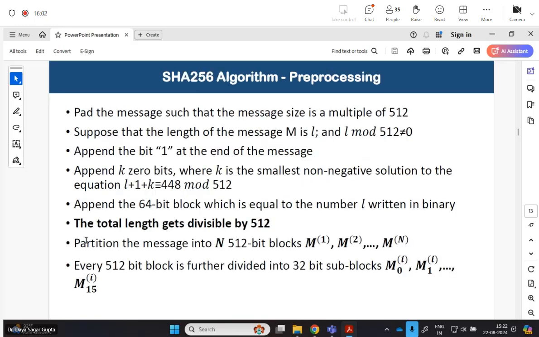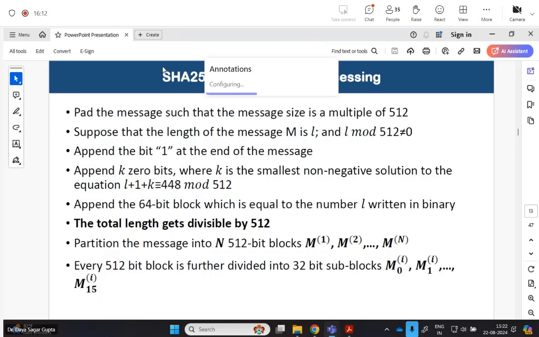Now, what is the pre-processing of this algorithm basically? Let us see it here. It is saying to pad the message such that the message size is a multiple of 512.